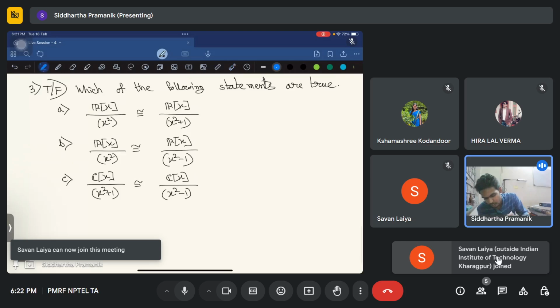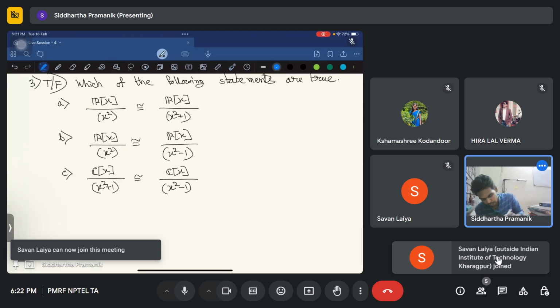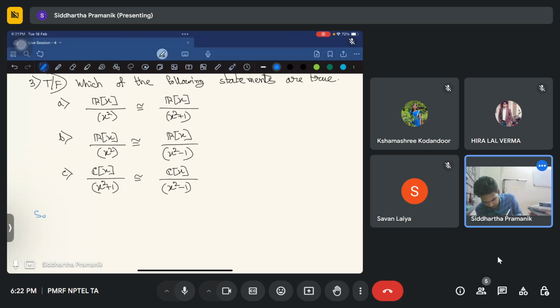Okay, so let's do the first one. I hope you can recall that this ring is isomorphic to the complex numbers. R[x] mod x squared plus 1 is isomorphic to C. I think this has been done in the lectures.